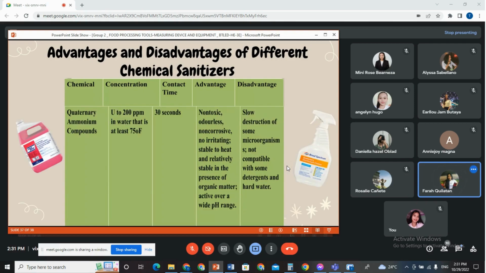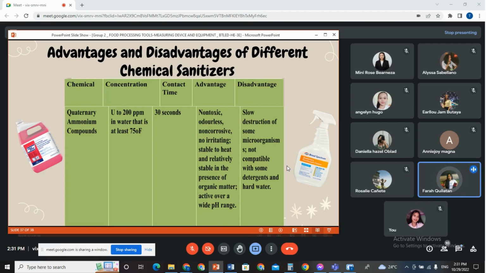That's iodine. So next are the quaternary ammonium compounds. Its concentration is up to 200 ppm in water that is at least 75 Fahrenheit. Its contact time is 30 seconds.